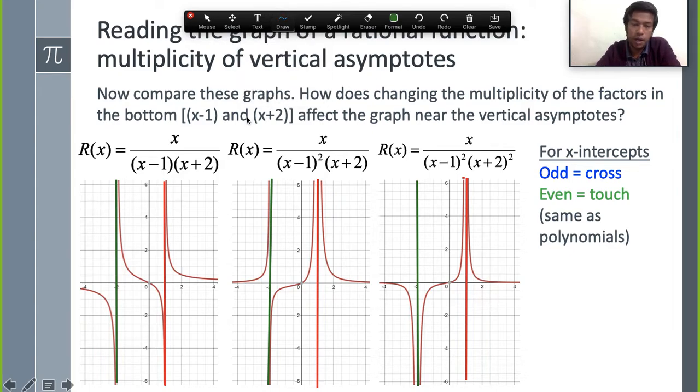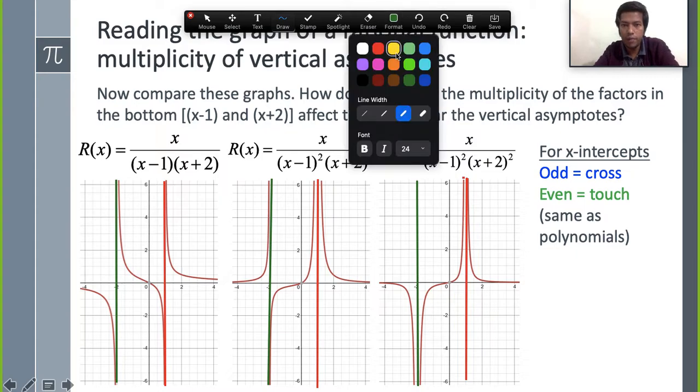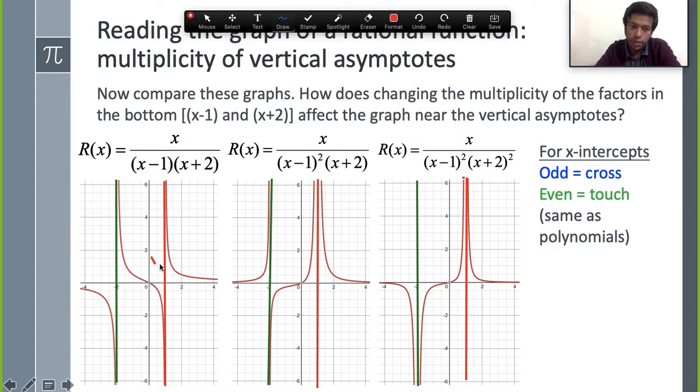This is not hard. See, this is easy. X minus 1, so this is about this red color line, a vertical asymptote. Okay, vertical asymptote. Now see, when this red color graph is here, and see the other graph that is coming towards it, it is coming like this, and the other graph was going down.